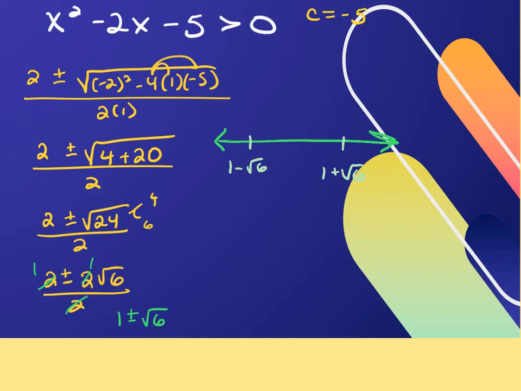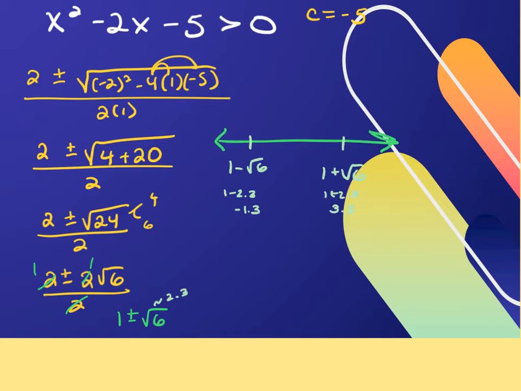Now to figure out that range there, you could totally approximate. Root 6 is in between root 4 and root 9, right? So I know root 6 is maybe 2.3, 2.4, something like that. So I would get 1 minus 2.3, which is like negative 1.3, and 1 plus 2.3, which is like 3.3.